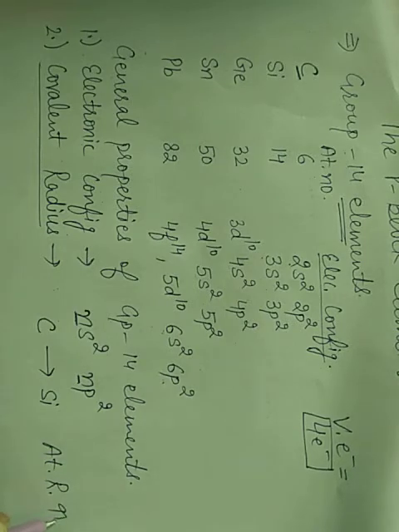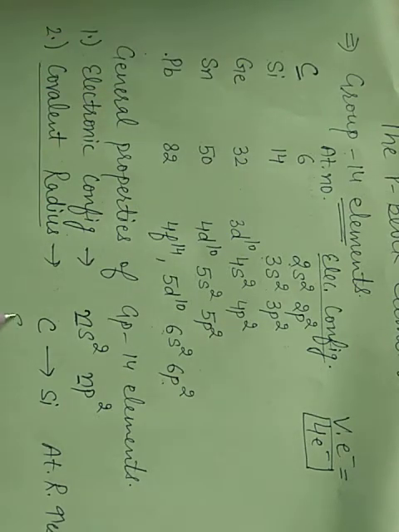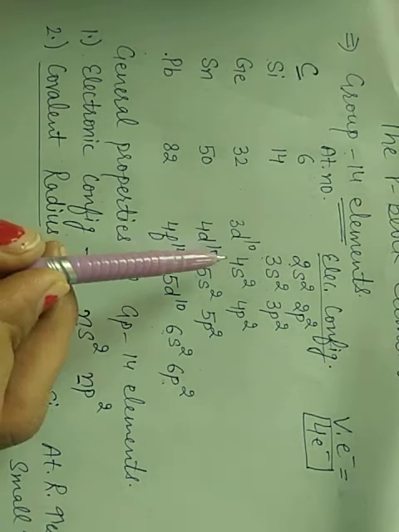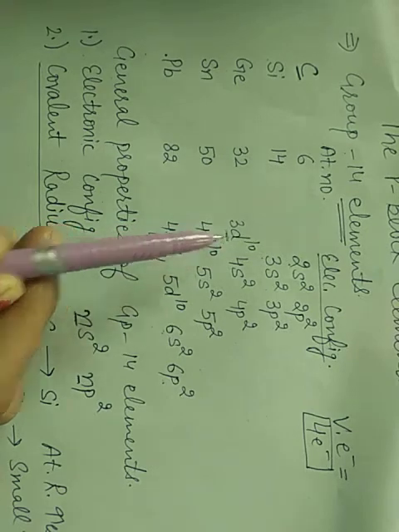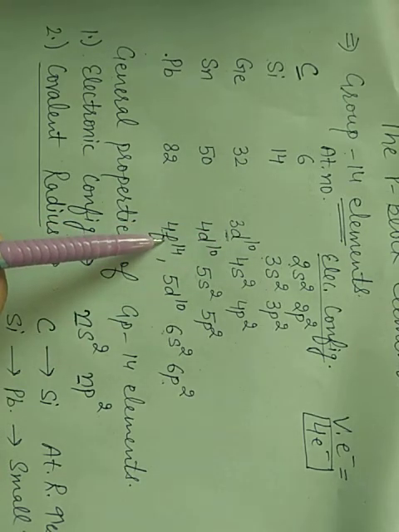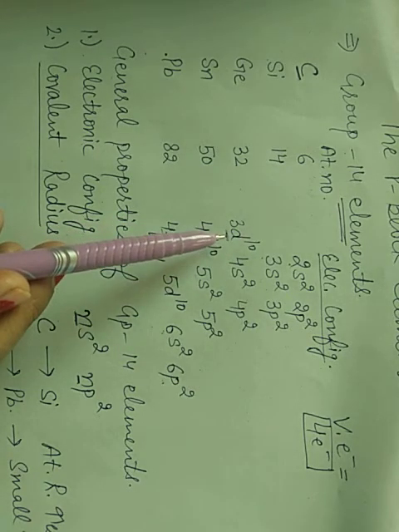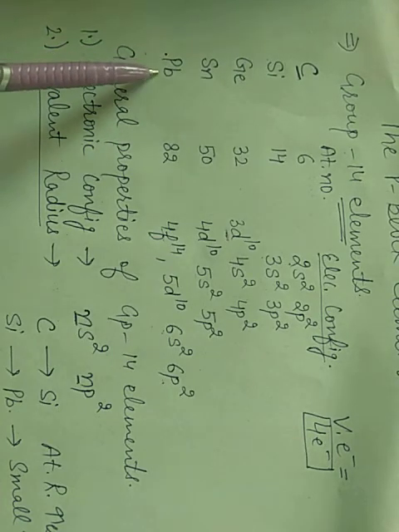And from silicon to lead, there is only a small increase in the atomic radius, because of the presence of intervening d and f orbitals, which show poor shielding effect in case of germanium, tin and lead.